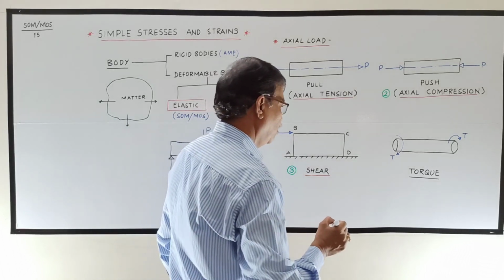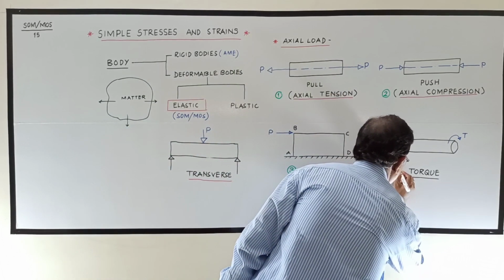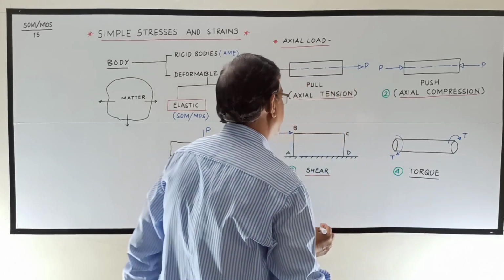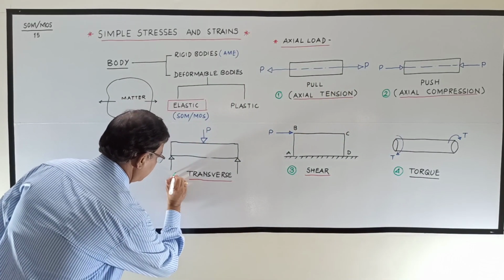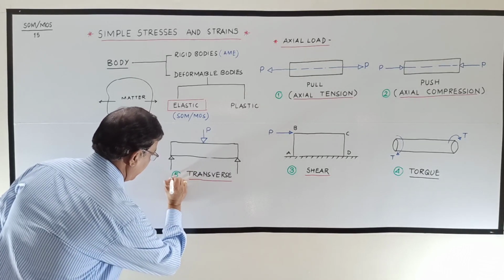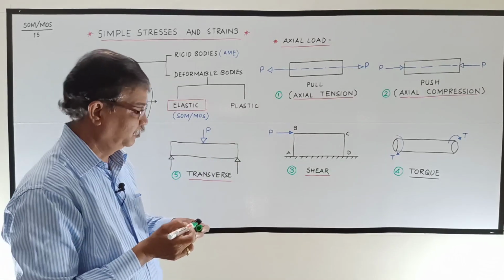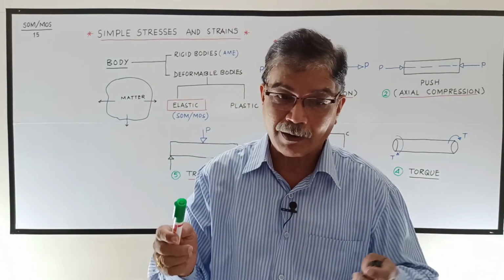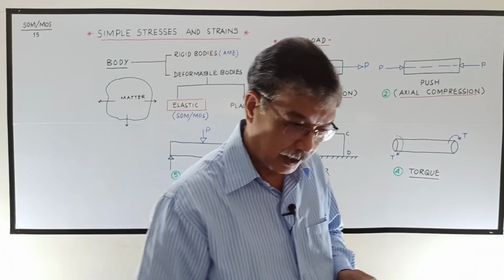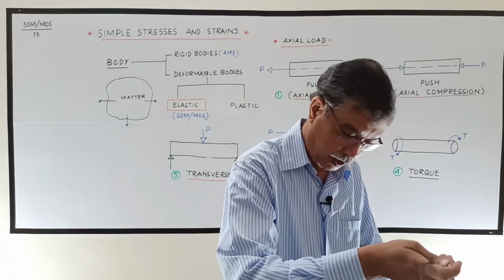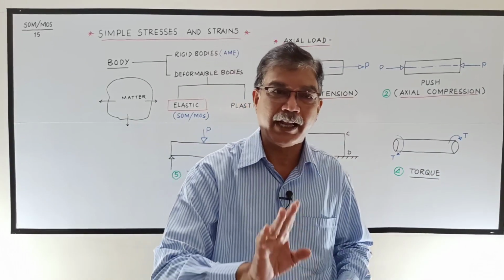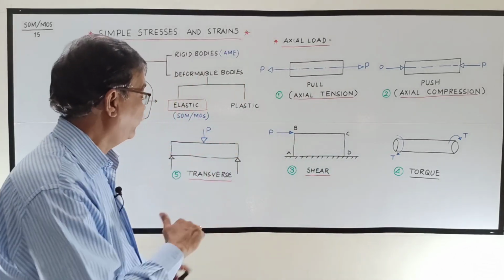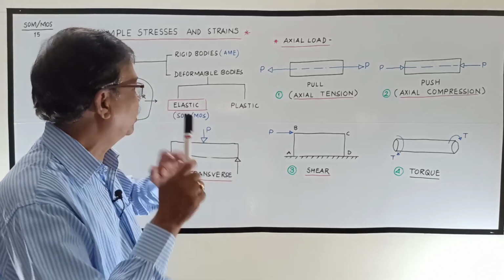Fourth type of load is a torque, and the fifth type of load is transverse load. Now these are the different types of loads which can act on a member. Mind well, these loads can act simultaneously on the member. Now let us see what is the effect of these loads on the members.